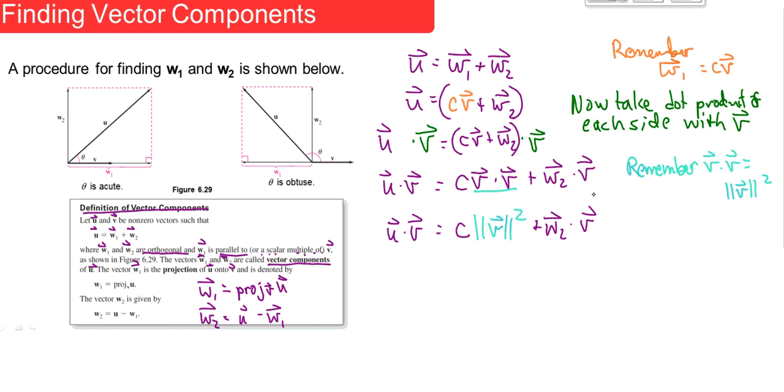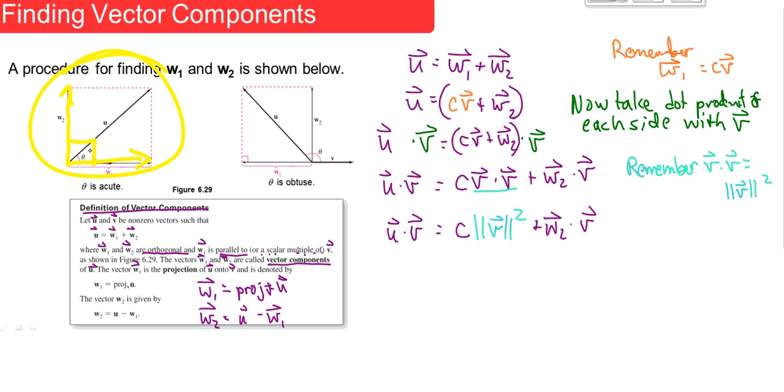Now, look at the picture a minute, and look at W2 and V. What do you notice about the angle in between them? Not this theta angle that's here, but if W2 is there and V goes out that way, didn't we just say a few minutes ago that that angle is a right angle?